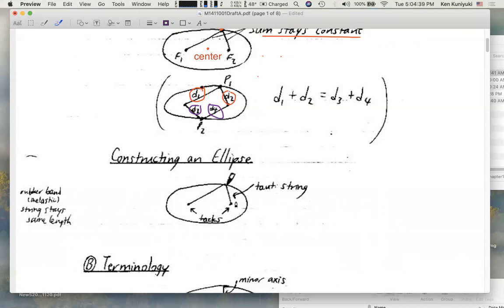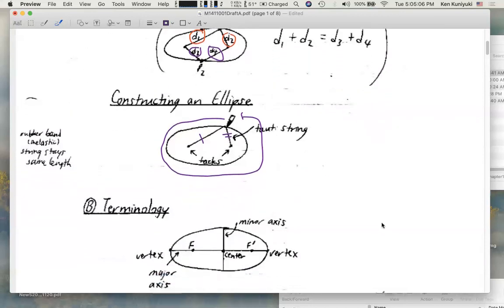There's no slack in here, right? You move the pencil or pen around, and as you do that, you form an ellipse. This makes sense because since the string is being held taut, this sum of distances from the points on the ellipse to the two foci will stay the same because the string maintains its length. The total length of the string stays the same.